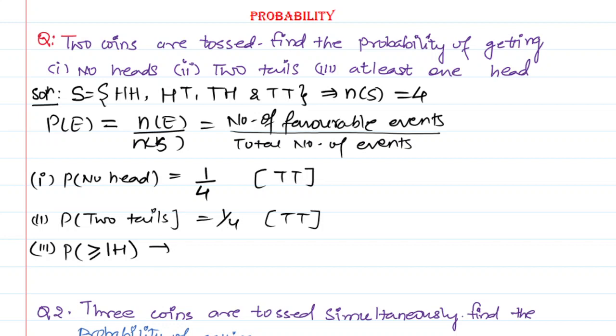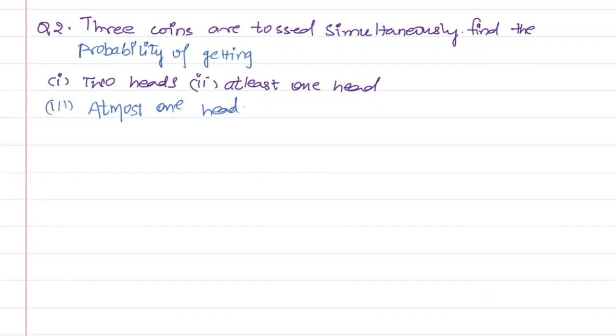I want one or more than one. So it is HT, TH and HH. So the total number of favorable cases that we have is 3, and hence the probability is going to be equal to 3 by 4.